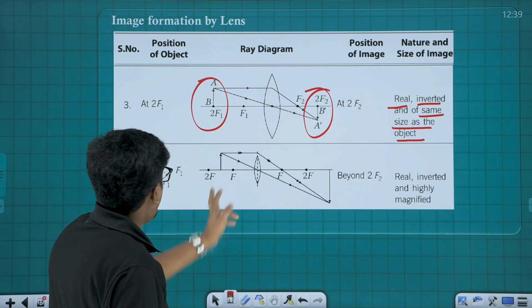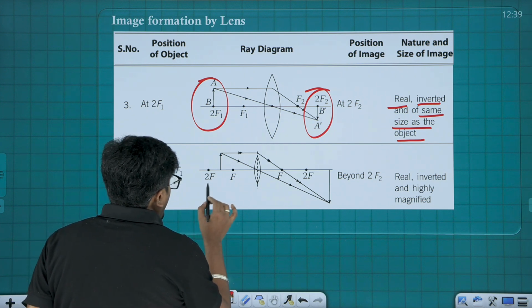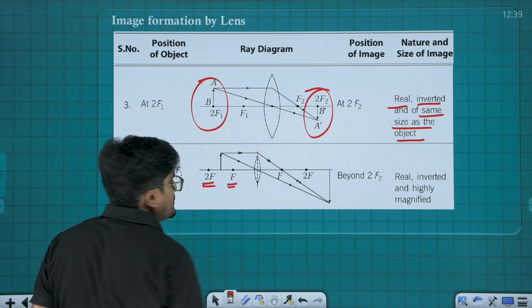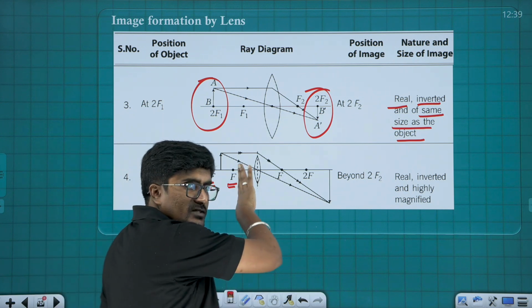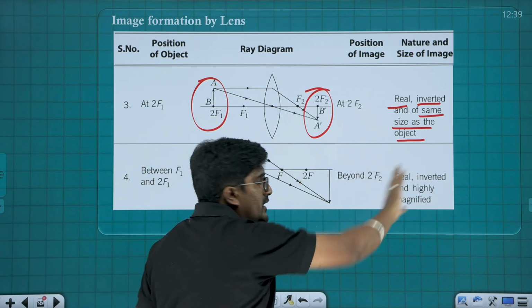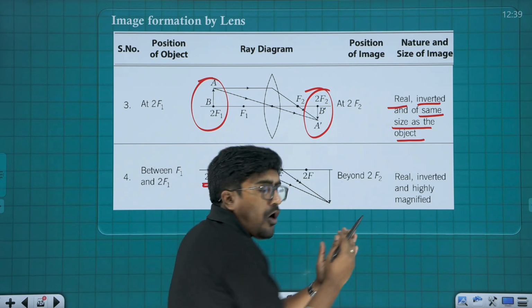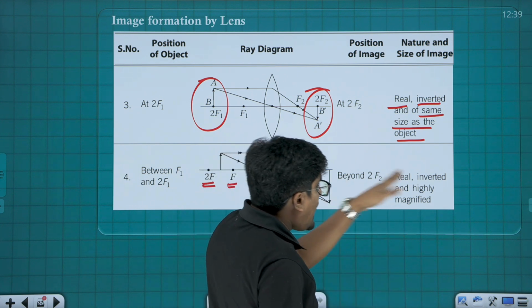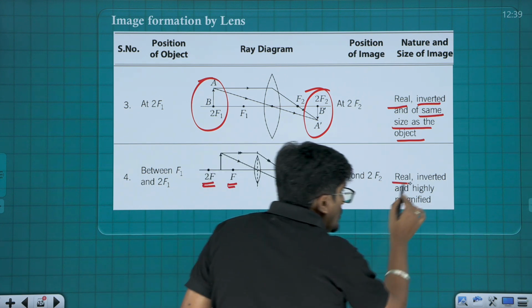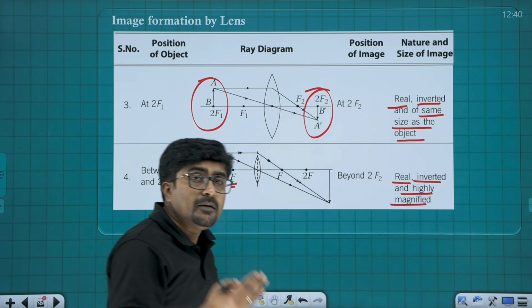Now this time the object is between 2f1 and f1. Object is moving forward, so the image should move backward. So the image is behind 2f2, real, inverted, and this time magnified.